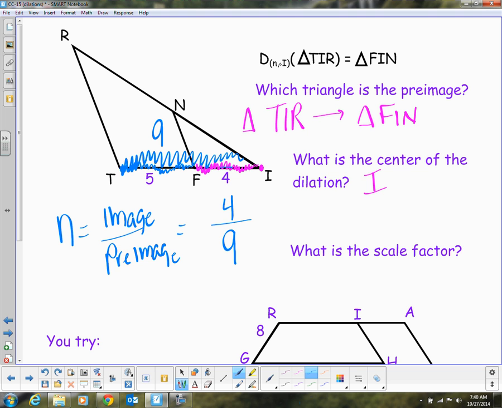So if I wanted to fill in this notation, this would be a dilation of a scale factor of 4/9 about the center I of triangle TIR. And that gives me triangle FIN. So the scale factor is 4/9. All right, are they going to do this to you a lot? Yes, they will do that to you a lot.